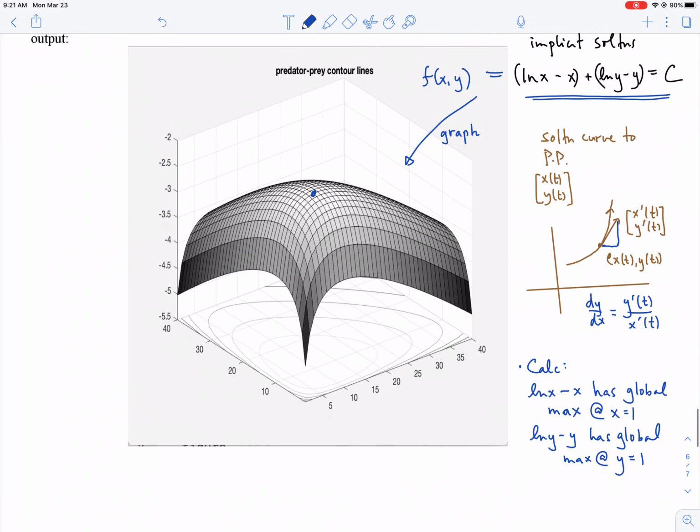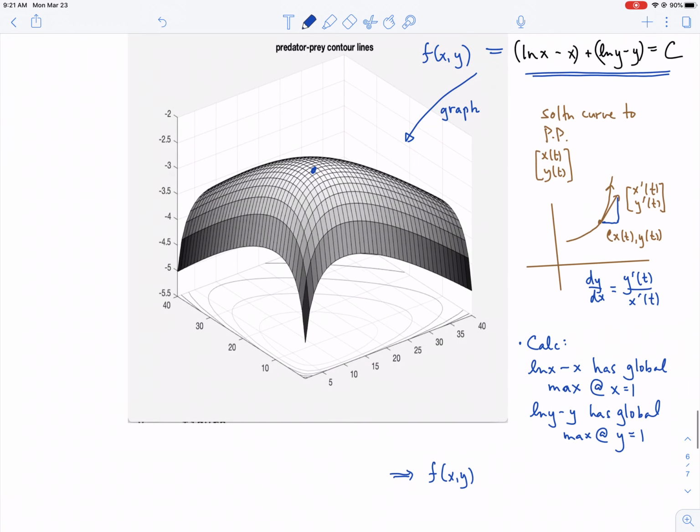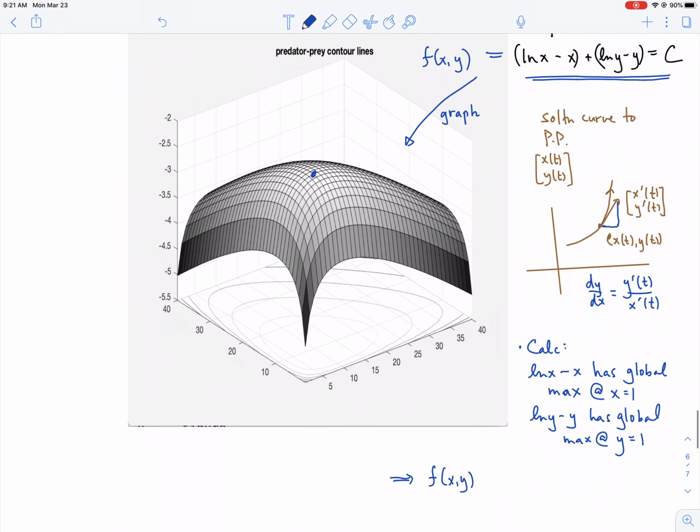And so the way to make f of xy as big as possible, because f is such a simple function, is just to make log x minus x as big as possible and log y minus y as big as possible.